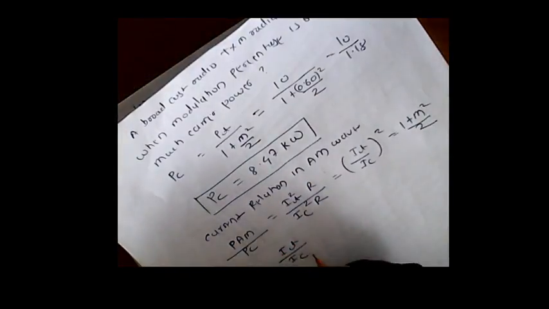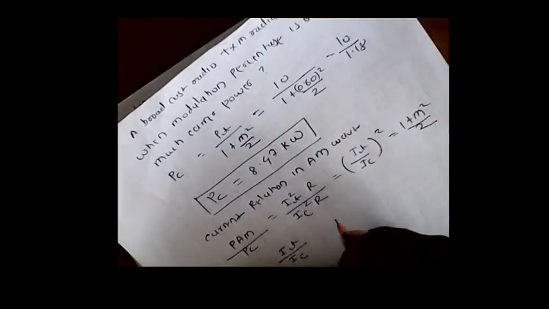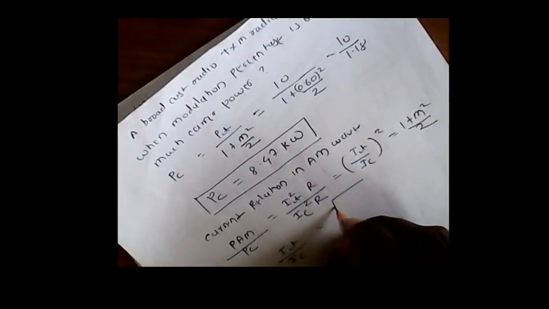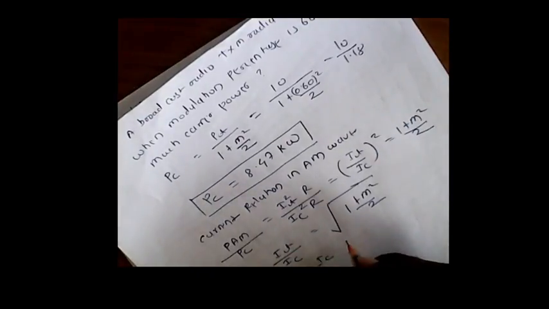So the ratio of total current to the unmodulated current of the carrier is the square root of 1 plus m square divided by 2. So the total current is the current of the unmodulated wave times the square root of 1 plus m square divided by 2. This is a very important equation when we are dealing with the total current in a transmitter.